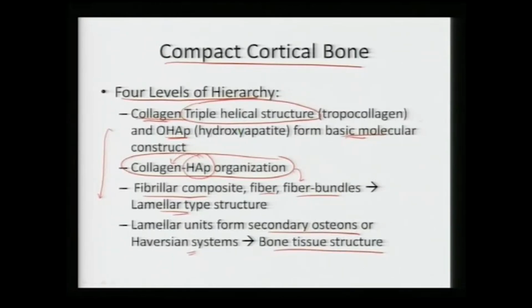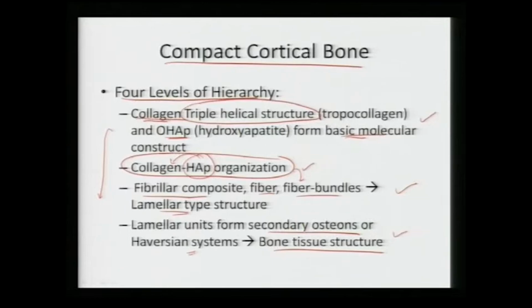So there are 4 levels: at the molecular level, collagen and hydroxyapatite; then the organization of collagen and HAP; then fibrillar composites forming lamellae; and these lamellar units forming the Haversian system.